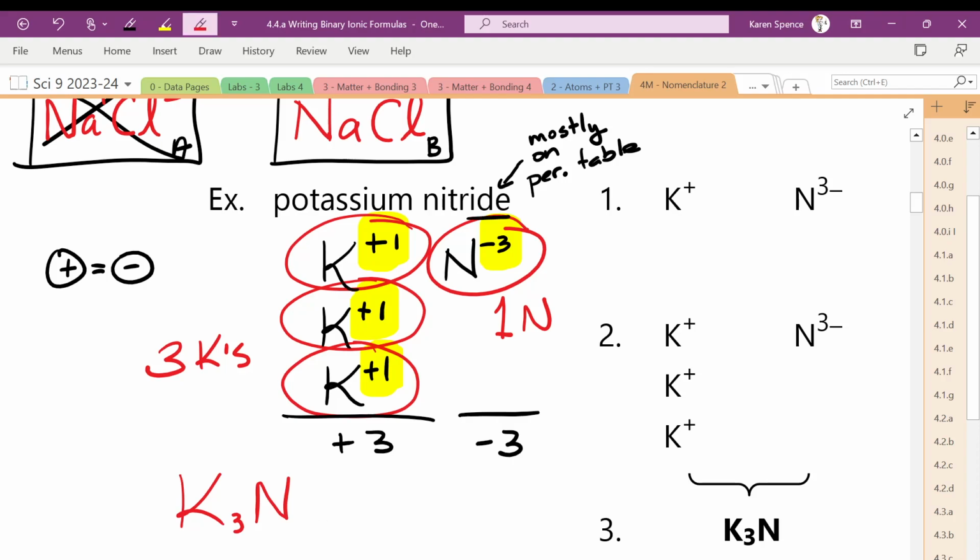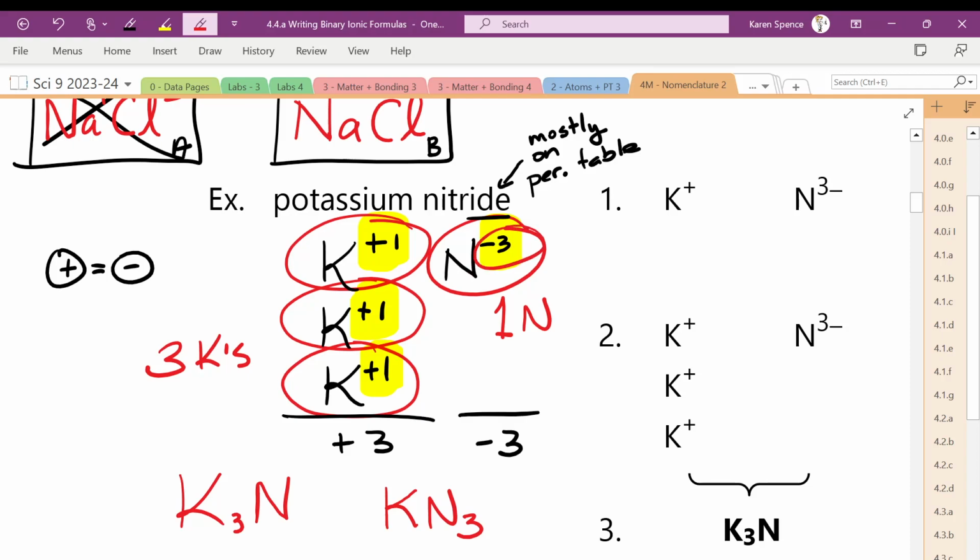Here are some common mistakes. What is wrong with this one in the box? Yeah, the subscript's up top. It should be down at the bottom. What is wrong with this one? Subscript's in the wrong place.